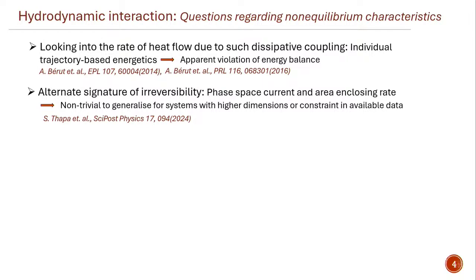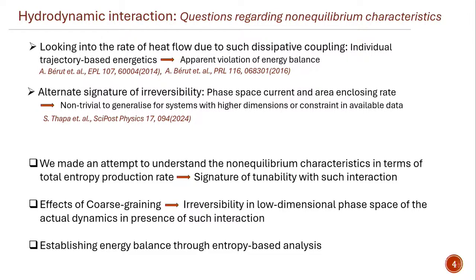So what we wanted to understand is this: let's say we have a system with hydrodynamic interaction and a non-equilibrium setup is going on, how does the interaction change the non-equilibrium characteristics in terms of total entropy production rate, and can we tune such interaction to get a non-equilibrium steady state of certain entropy production?